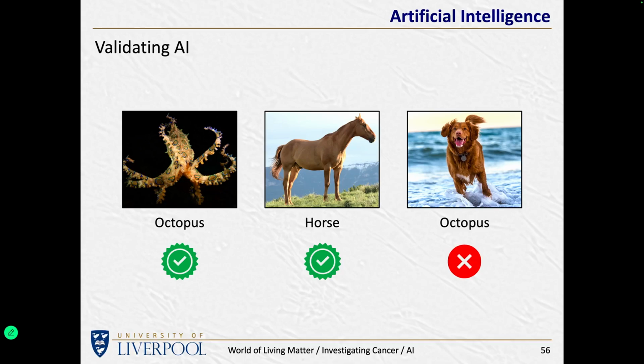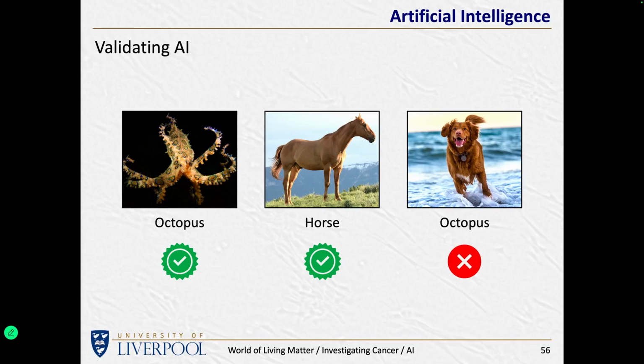So the software that's been written within the group in physics at the University of Liverpool, we've paid particular care not only to try and get the best software we can, write the best software we can to give us the best outputs, we've also written it in such a way that we can test and validate how well it is doing.